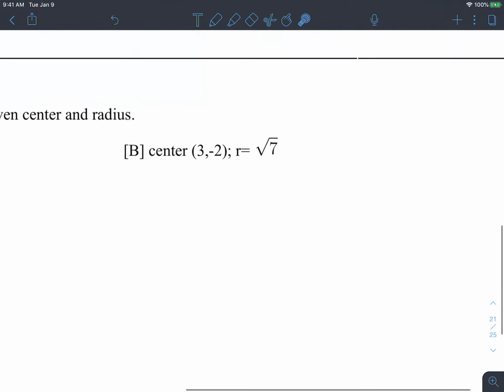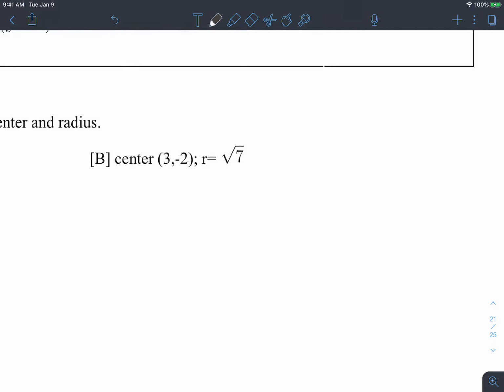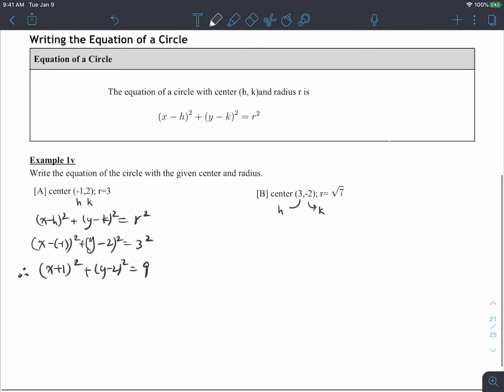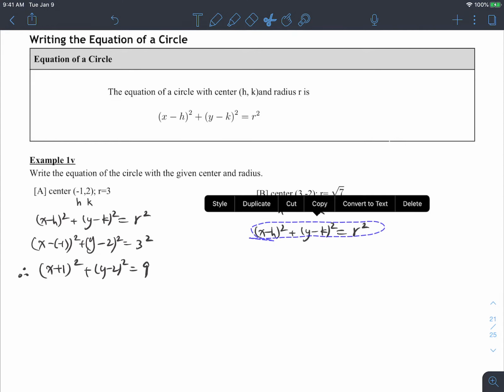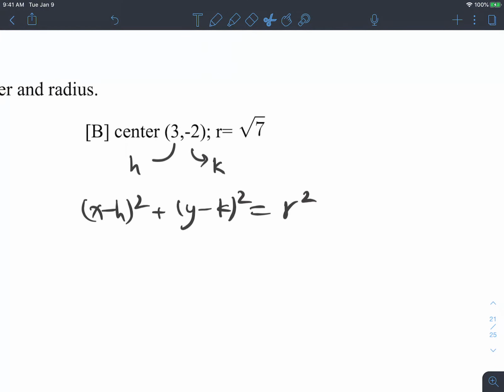And now the example B that we see over here, once again, that is h, that is k. And to drive the point home, I'm just going to copy that over here. Boom, right there. And I'm just going to plug it in. And that's going to give me (x minus 3) squared plus (y minus 2) gives you positive 2.